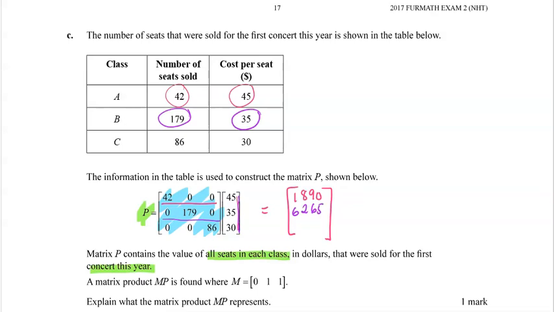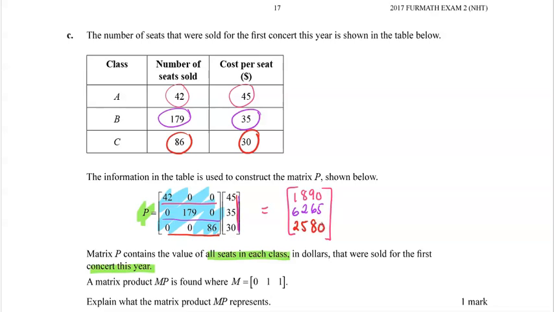And then finally, if we look at row 3, and again, we're working down column 1 to give us the value that goes in row 3, column 1 of our answer. We've got 0 times 45, 0 times 35, and 86 times 30. So it's giving us those values, that sum. And that one is 2,580.